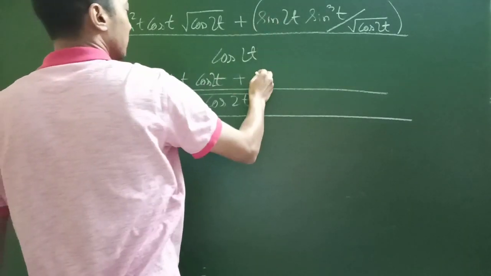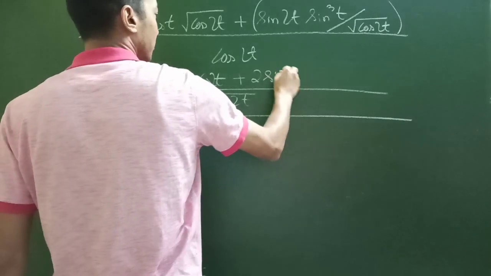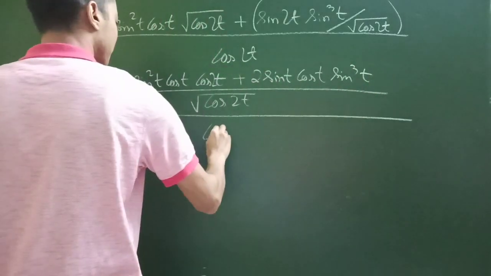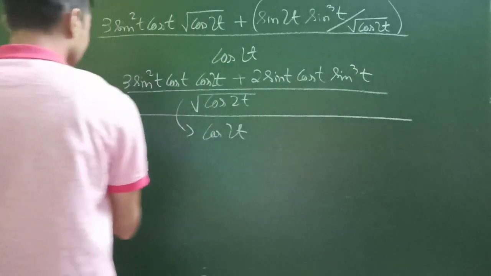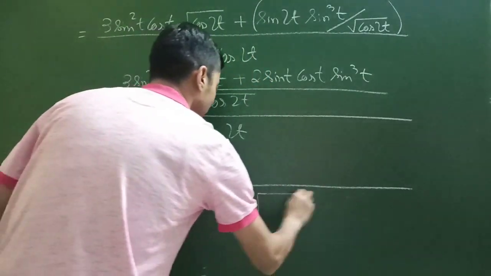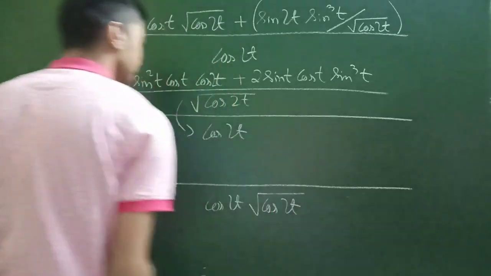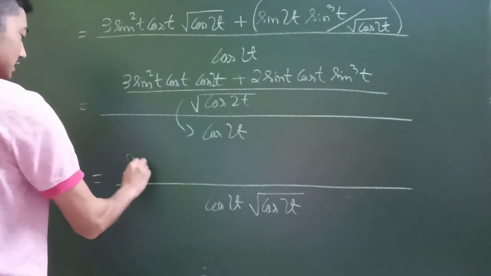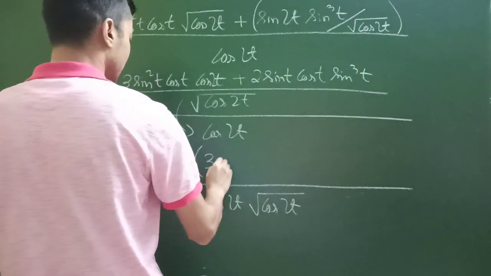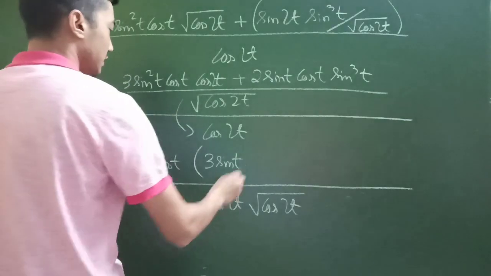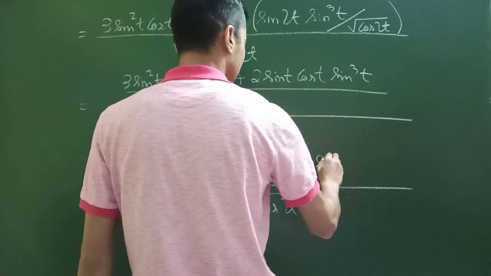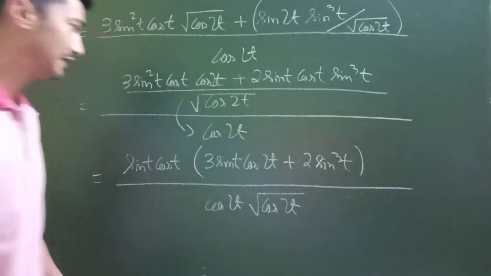Plus, now sine 2t, of course, I'll expand using the trigonometric formula, that is 2 sine t cos t, and sine cube t cos 2t. I'm going to bring this down there again, so that will be cos 2t root over of cos 2t. I'm going to take sine t and cos t common. That leaves me with 3 sine t cos 2t plus 2 sine cube of t.